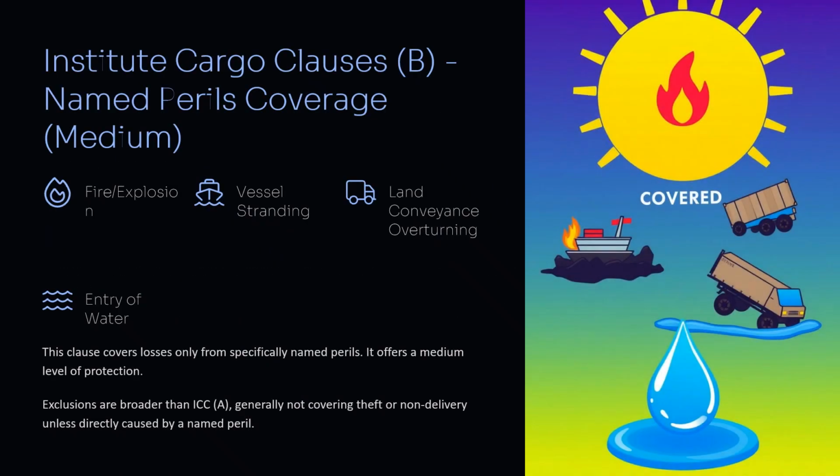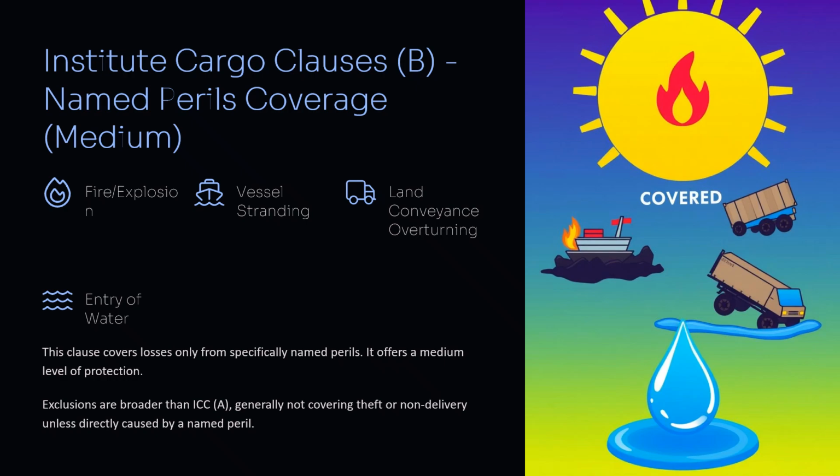Next, we have Institute Cargo Clause B, which offers a medium level of coverage. This is a named peril policy. Its scope means it only covers losses that are caused by dangers that are specifically listed in the policy. If a danger is not on that list, then any loss it causes is simply not covered.